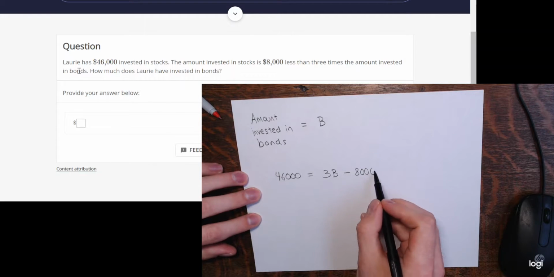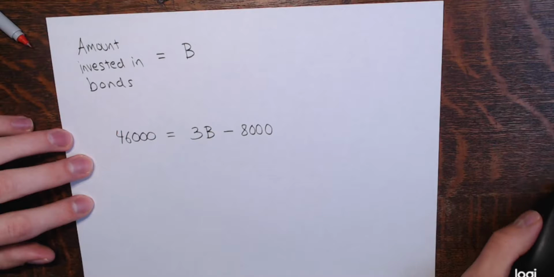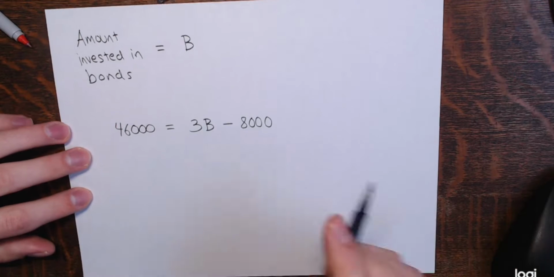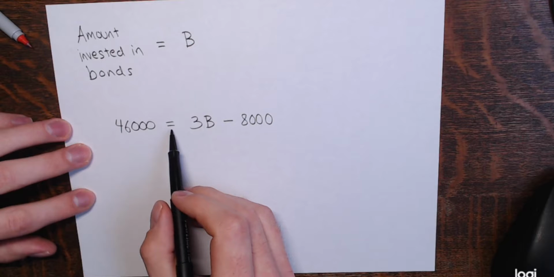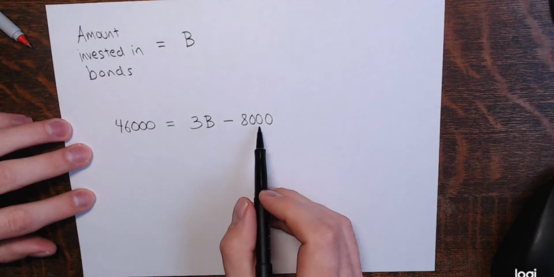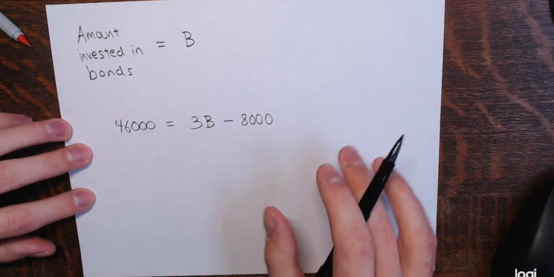And there's our equation. This 46,000 is $8,000 less than 3 times the amount invested in bonds. And I'm solving this for B.